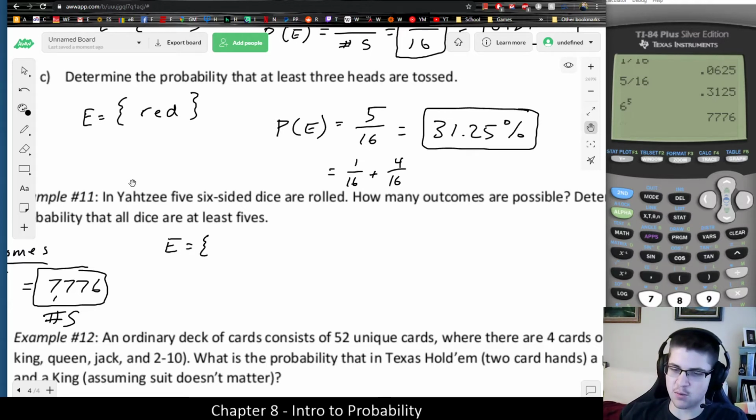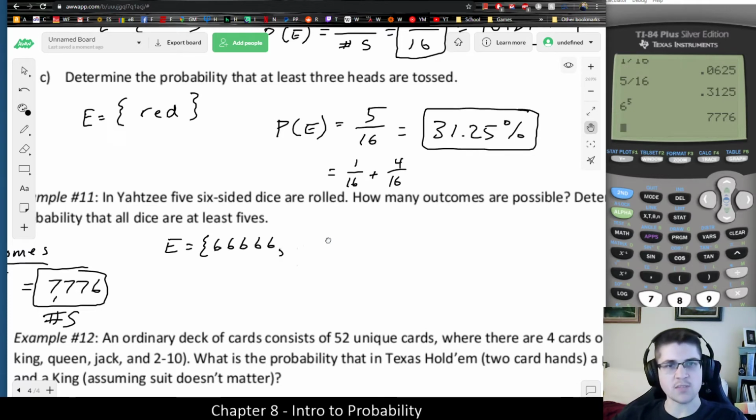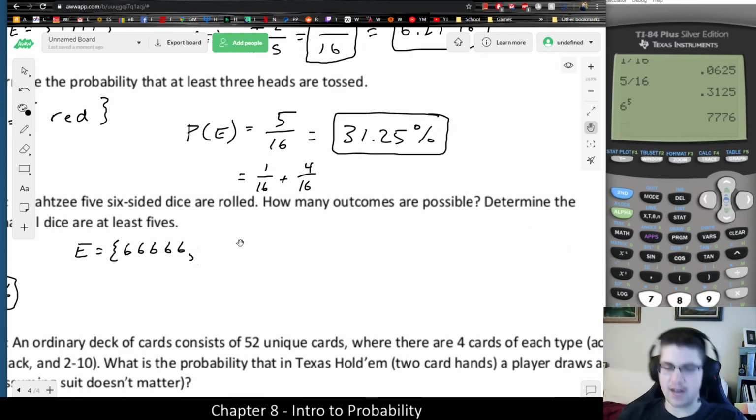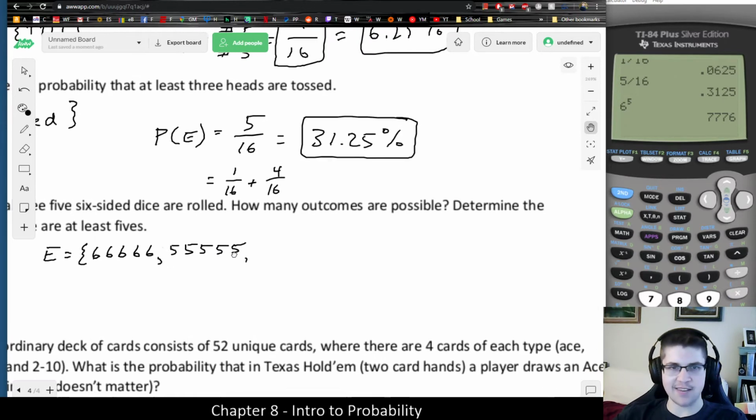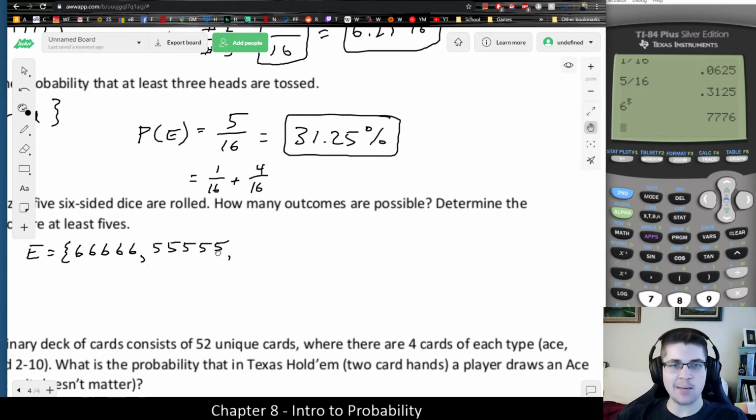Of course, if all were sixes, if I rolled 5 sixes, I wrote too many because we roll 5 dice in Yahtzee, then that's one outcome. Or if they were all fives, that's fine. Or a combination of sixes and fives, which could be any number of each of these.